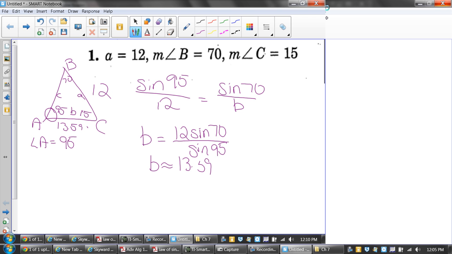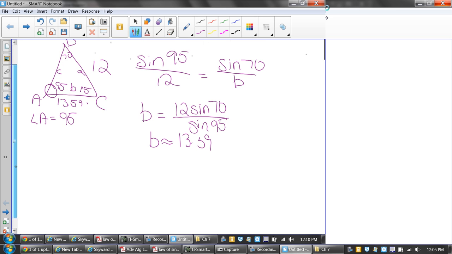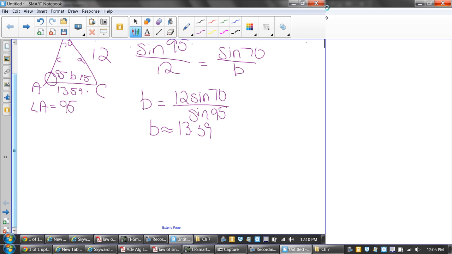Okay, you want to solve for c too? Are you good with how the general setup is? Want to do it anyway? Okay. So we're going to use the same angle, 95 for A, and sine A. And this time we're going to do sine of 15 over little c.